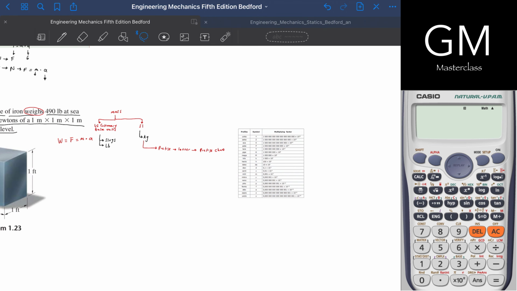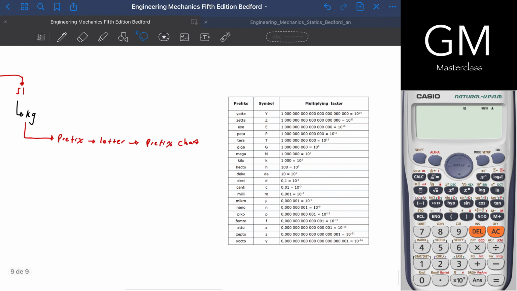So as I was saying, you'll find this chart in which every single letter is a symbol.